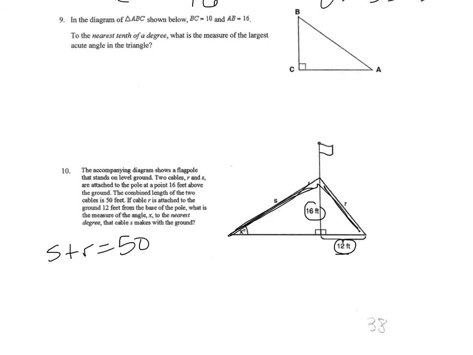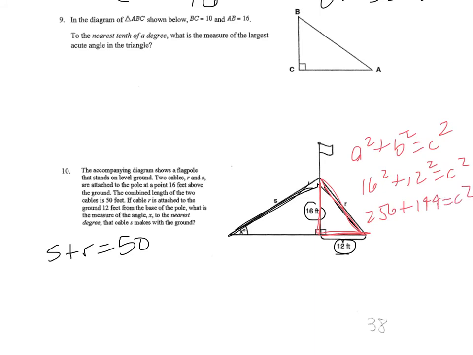I could potentially use the Pythagorean theorem to get the length of this hypotenuse. So in that case, it would be a squared plus b squared is equal to c squared. And I would do 16 squared plus 12 squared equals c squared. 16 squared is 256 plus 144 is equal to c squared.